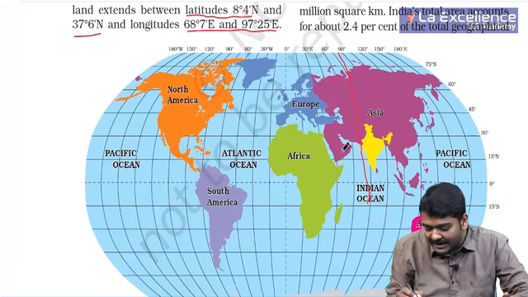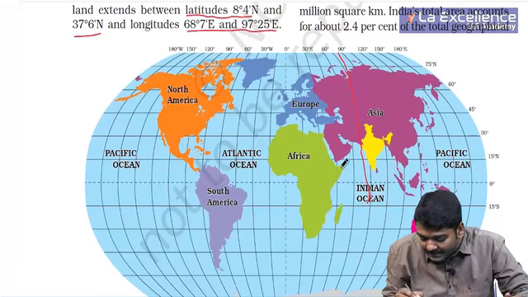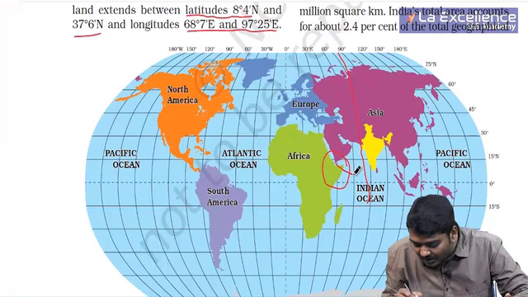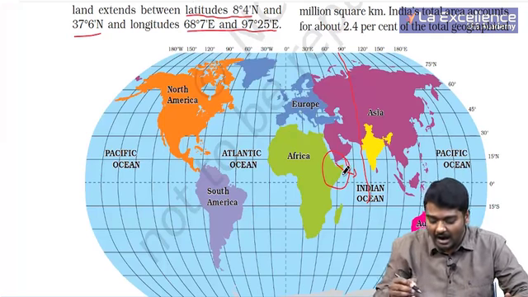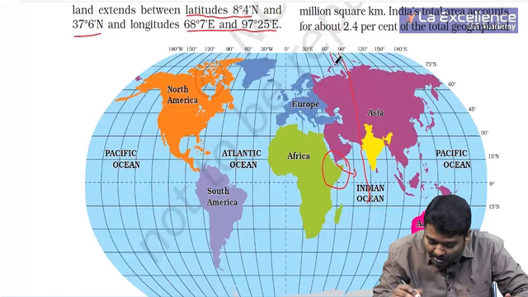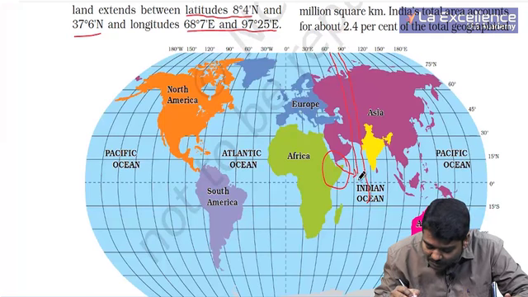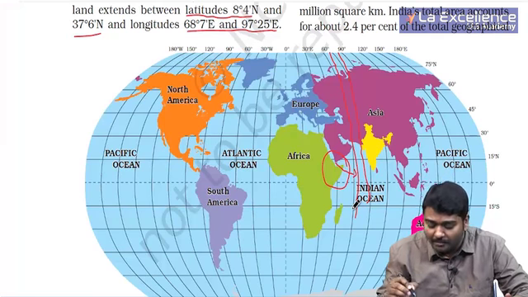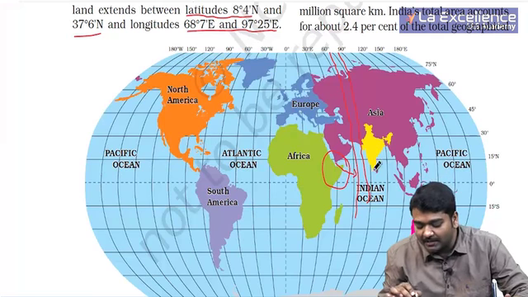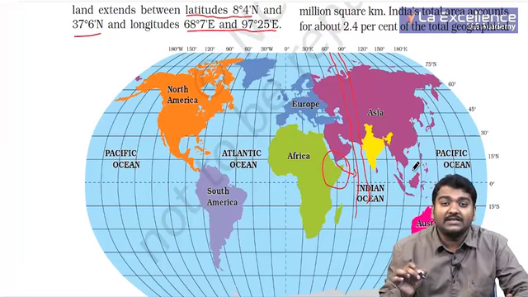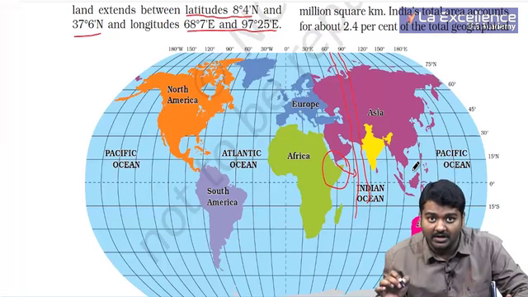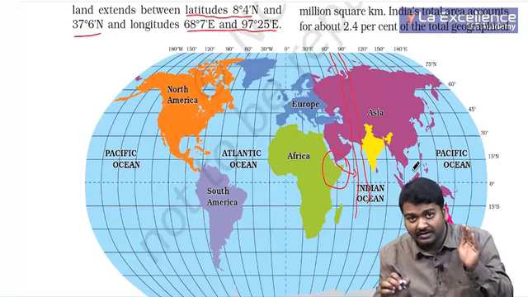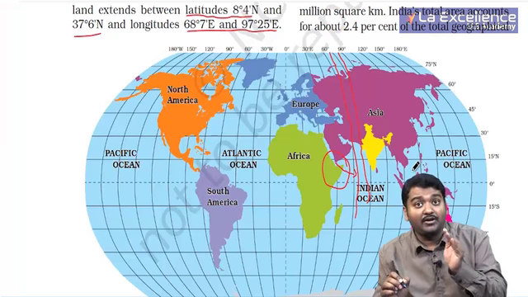UPSC had asked that the piracy which is present near Somalia is actually moving eastwards, and they said it is almost at 55 degree. If it is at 55 degree east longitude, the meaning of this is it is coming closer to India and this has become a grave threat to India. So at that point of time, UPSC actually asked with respect to latitude and longitude.